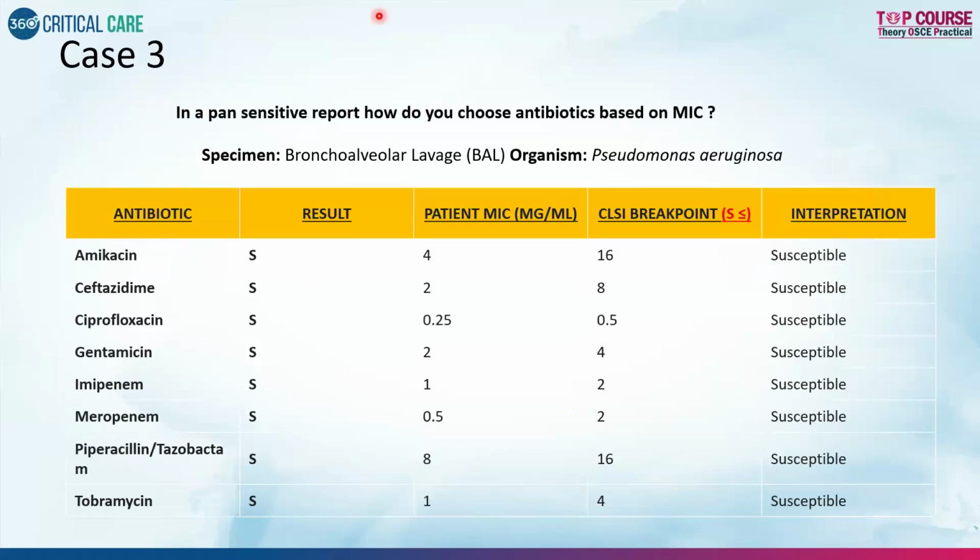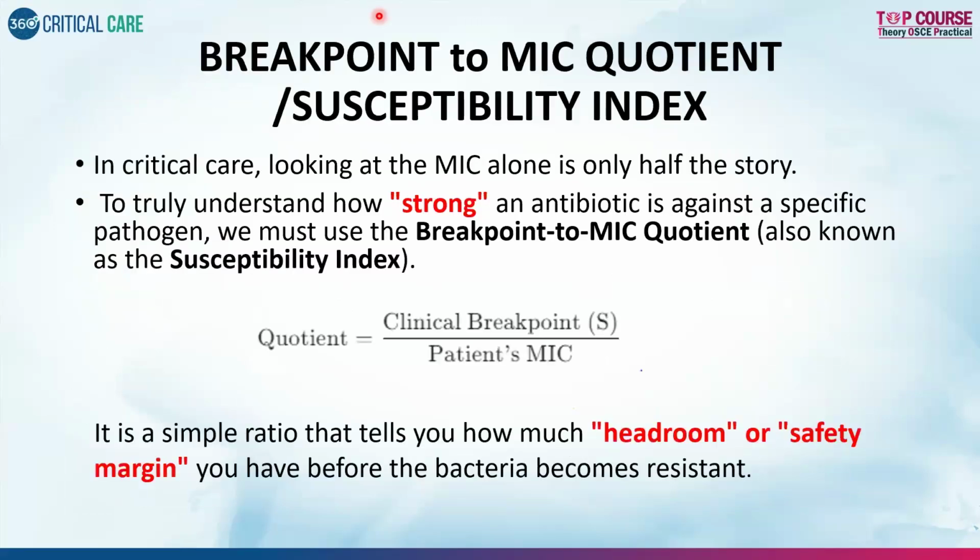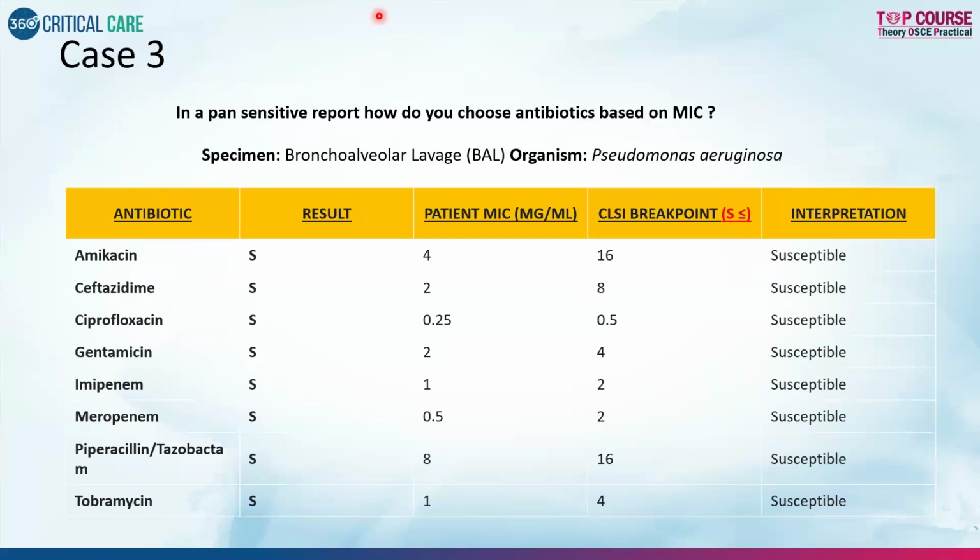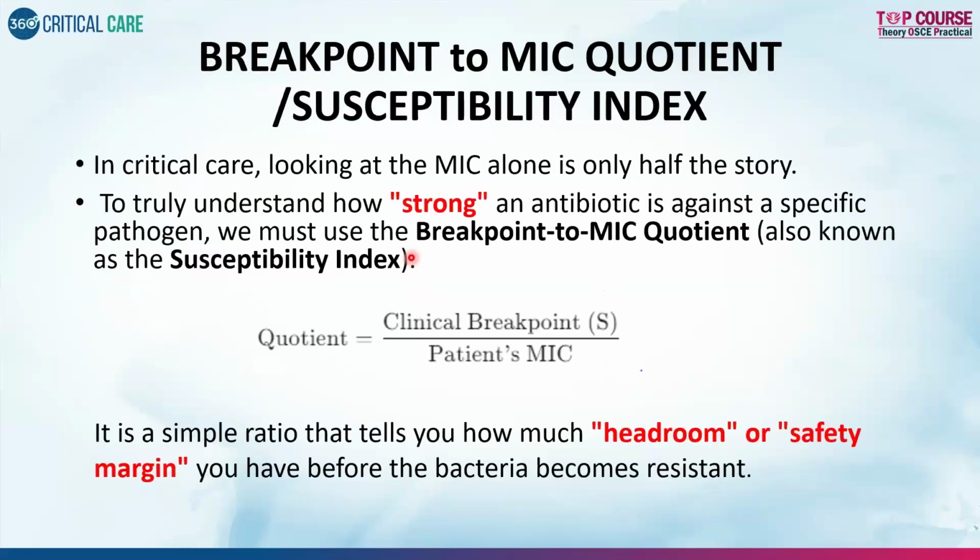Since there's no answer, basically the susceptibility index is breakpoint divided by MIC. This breakpoint will be common because it is for that particular antibiotic, and this MIC is from the patient, that is the isolate. This number, your susceptibility index, is going to be different for different antibiotics.